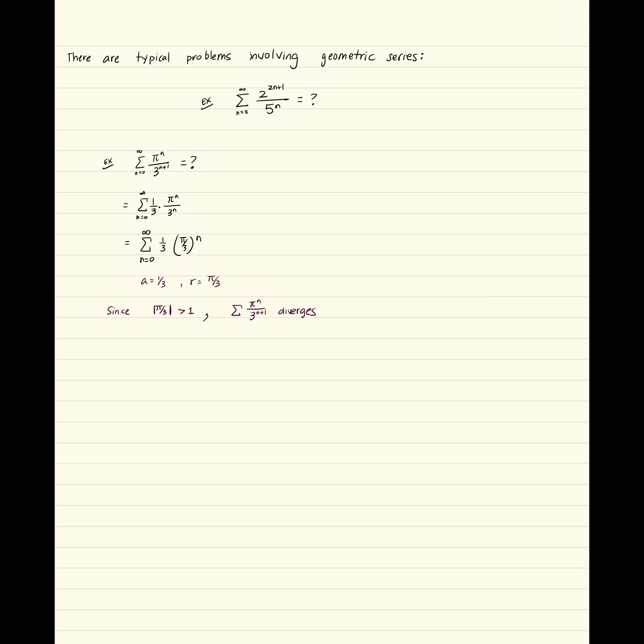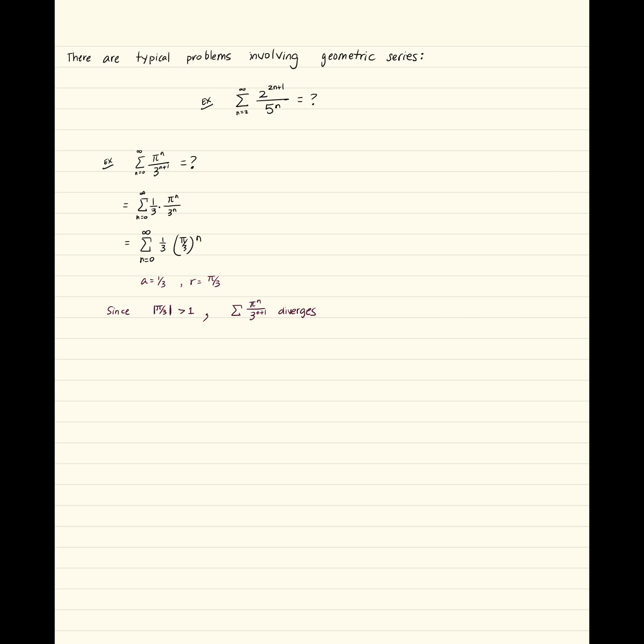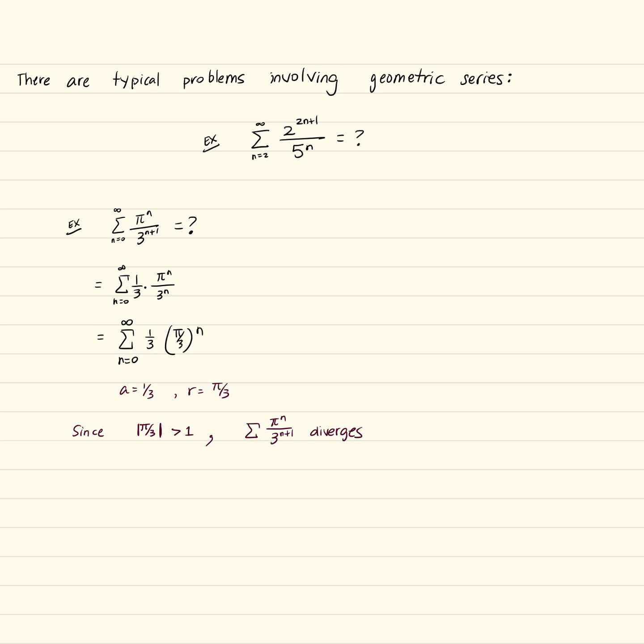Okay, so we said that we have typical problems involving geometric series. The two that we did here are typical, and we have two more which are a little more complicated. We'll look at this one and this one.